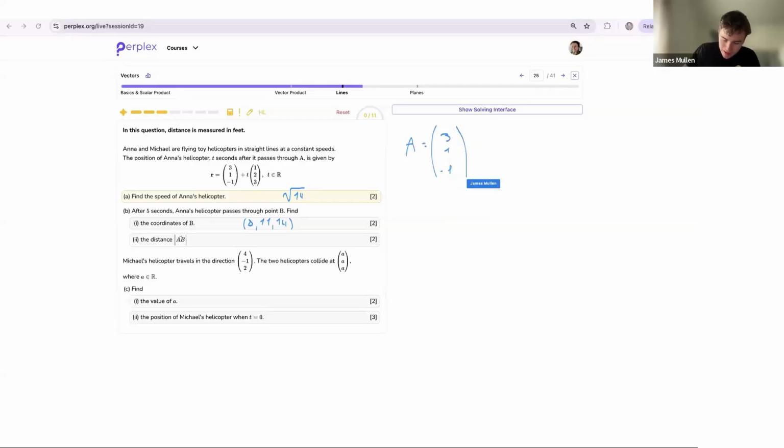But it doesn't actually matter because the displacement AB is just going to be 5 times the direction (1, 2, 3). And so that's just going to be (5, 10, 15).